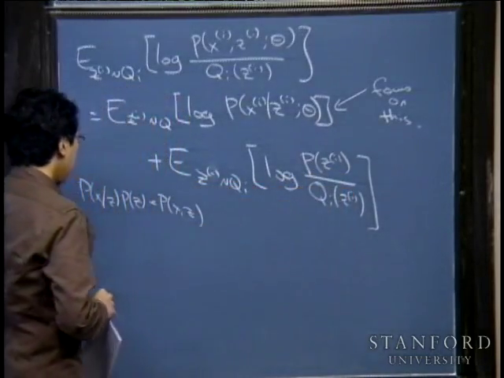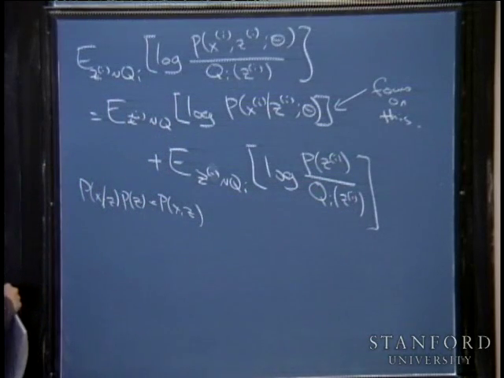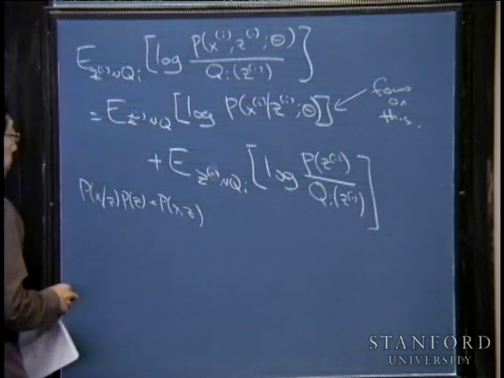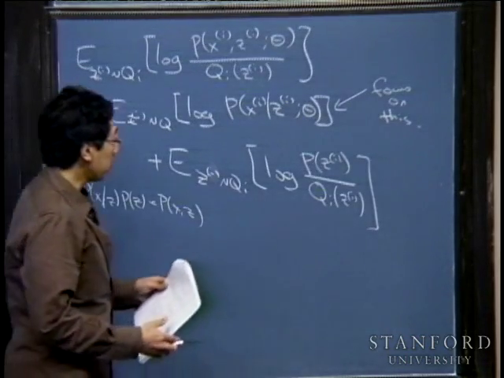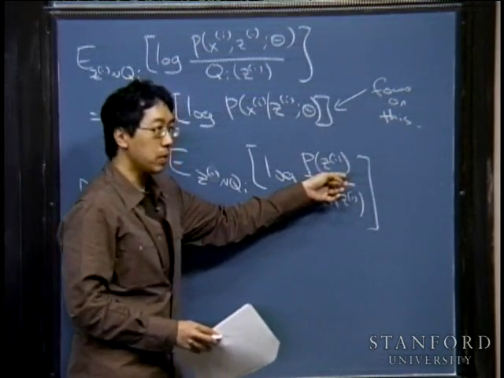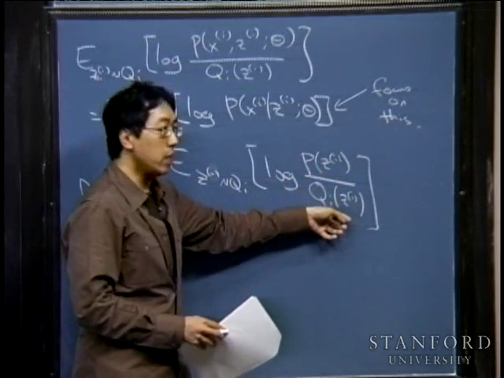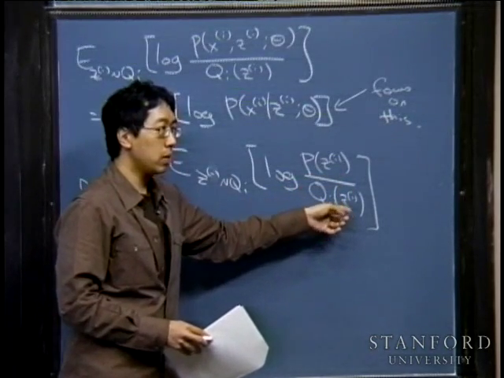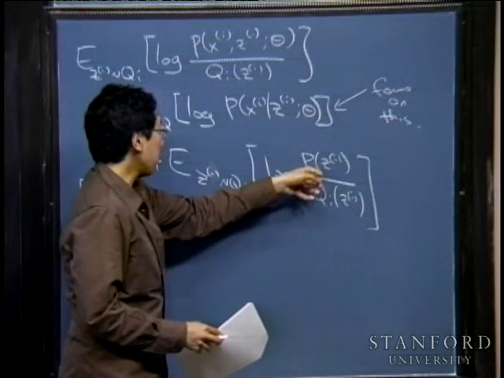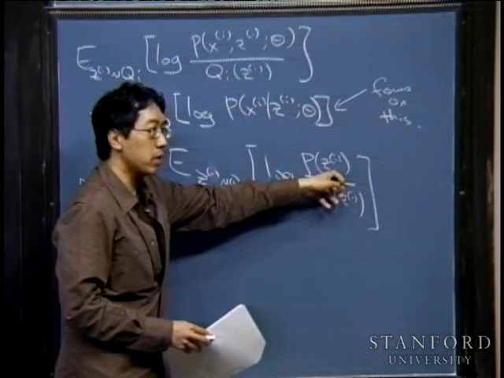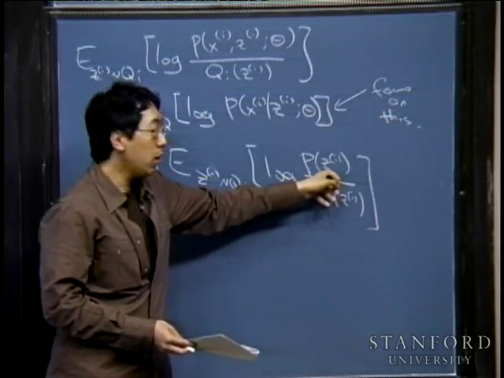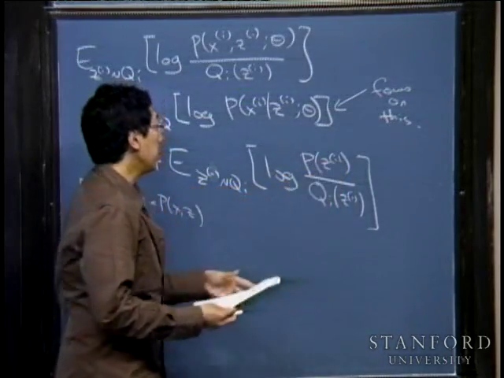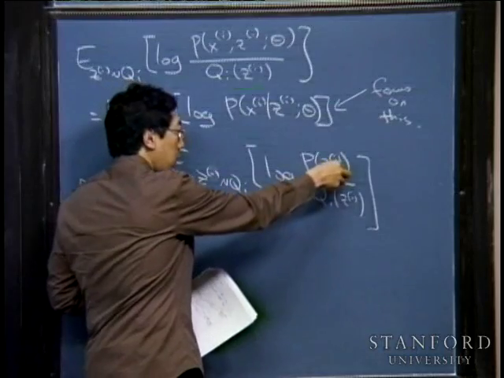So in the EM algorithm, sometimes P of Zi may have parameters, but Qi of Zi will never have any parameters. In the specific case of factor analysis, P of Zi doesn't have parameters. In other examples, like a mixture of Gaussians model, Zi was a multinomial random variable, and so in that example, P of Zi had some parameters.